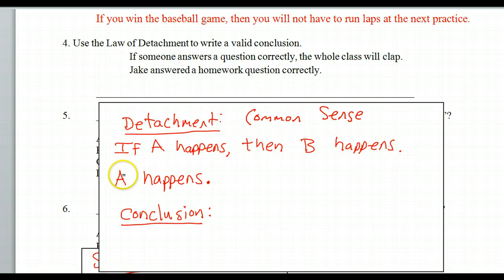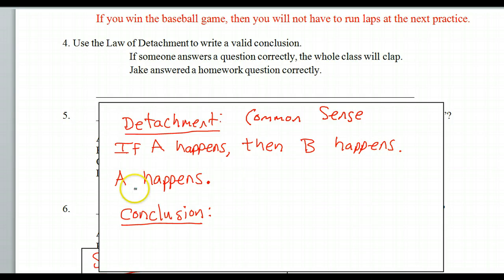But in detachment, we're given one more piece of information. Guess what? A happens. Well, what can we conclude then? Well, we just said it 2 seconds ago. If A happens, then B happens.